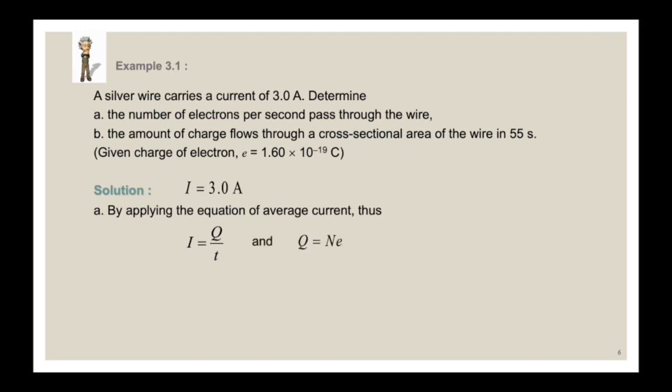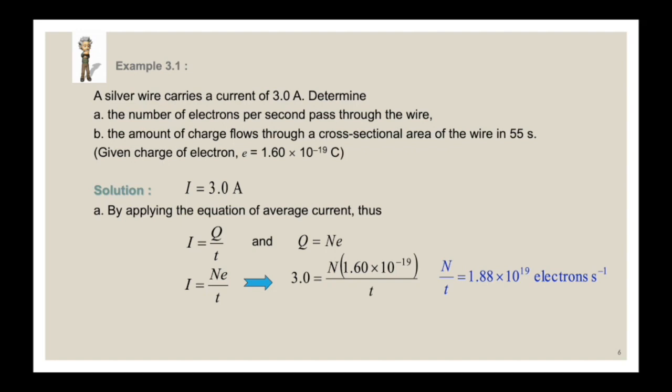We know that Q is equal to NE, the number of electrons times the charge of an electron. So we just substitute into the equation. E is the electron charge, a constant value they give you in the question. So we want N over T. Do your maths, and you will get 1.88 times 10 to the power of 19 electrons per second.